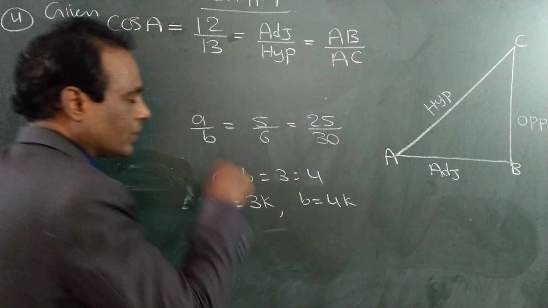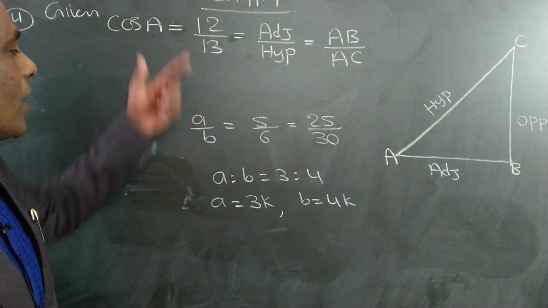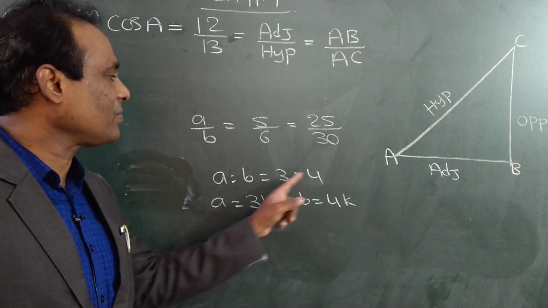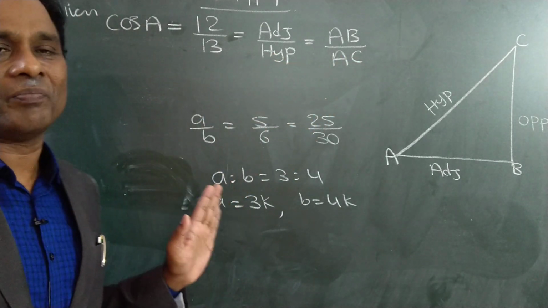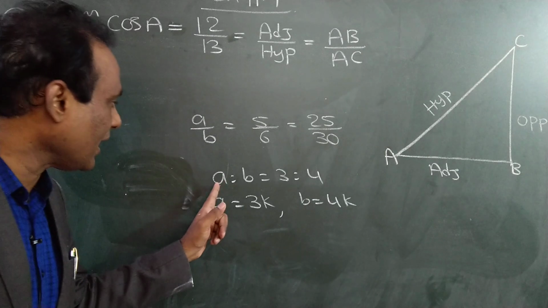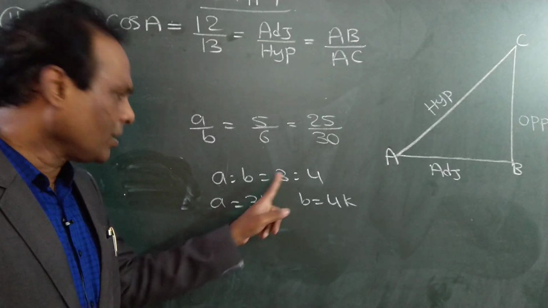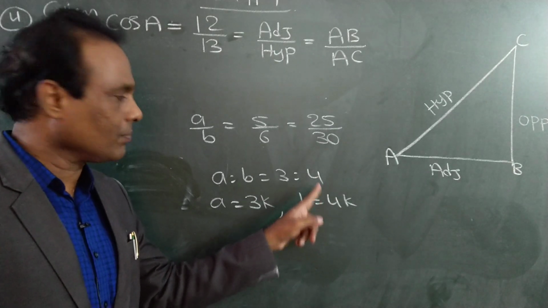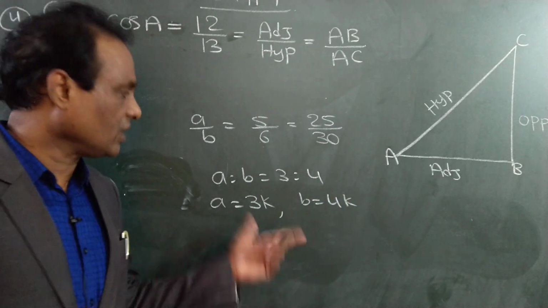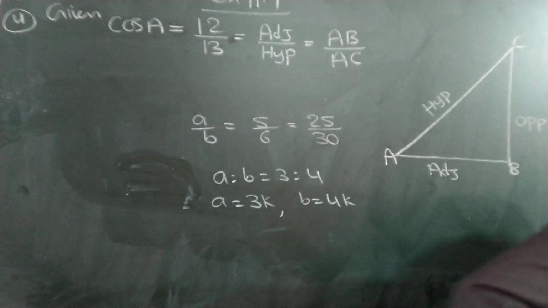This is the standard notation. Even if we take A is equal to 3 and B is equal to 4, we will get the answer, but it is not proper. Put some multiple for it. So be careful.